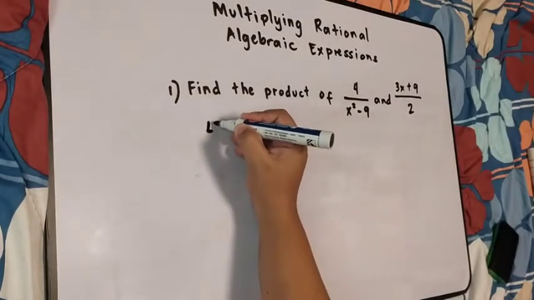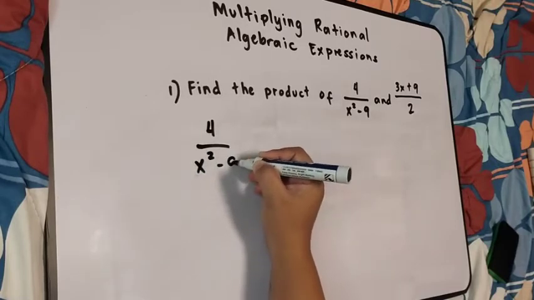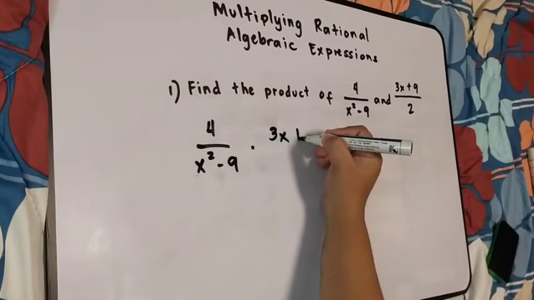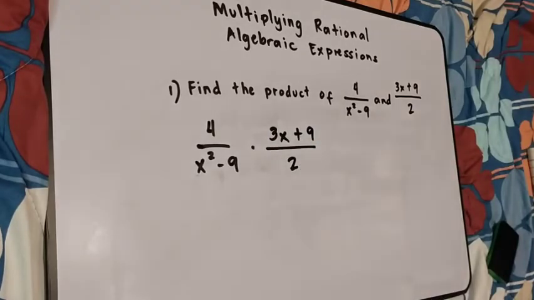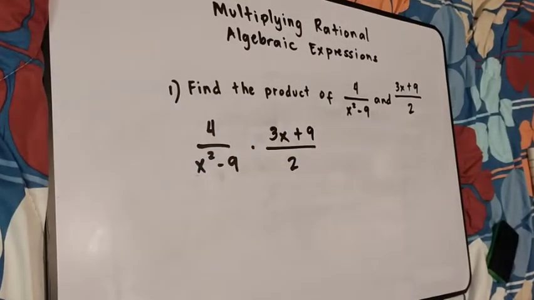So, this is 4 over x squared minus 9 times 3x plus 9 over 2. Again, yung first step natin is to factor all numerators and denominators. So, numerators, we have here 4 and 3x plus 9.